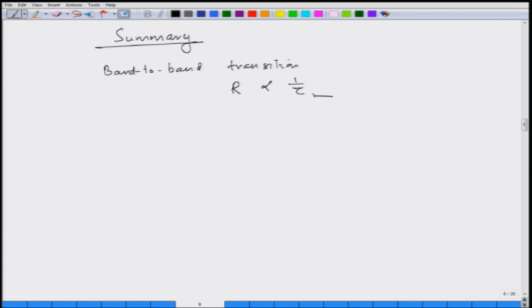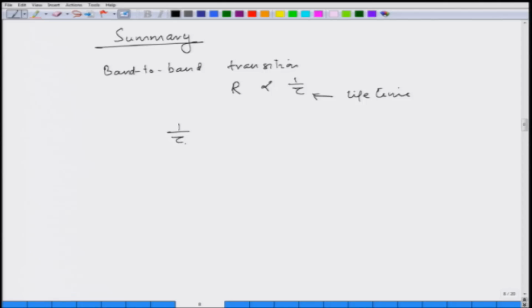Now, this tau is the lifetime for the band to band transition, and we have discussed what effect this tau will have in terms of recombination rates. If you have more than one process, you are going to lose some light. So, 1 over tau effective for band to band transition would include maybe a radiative transition, and maybe some non-radiative transition. So, this was the lifetime for band to band transition.